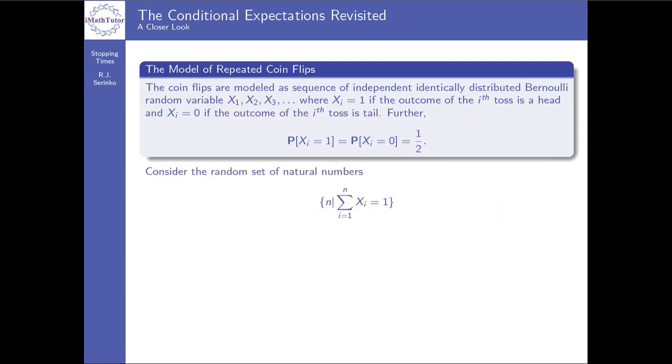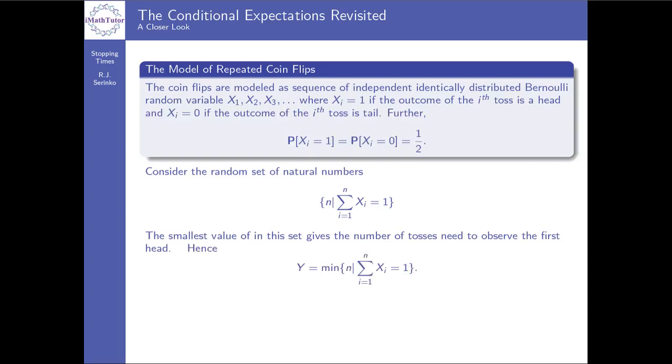Now, consider the random set of natural numbers n such that the sum over i equals 1 to n of x sub i equals 1. The smallest value in this set gives the number of tosses needed to observe the first head. Hence, y is the minimum value of the set of n such that that sum equals 1.